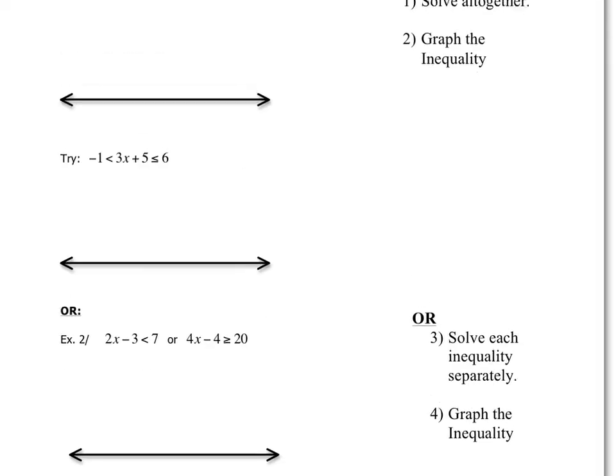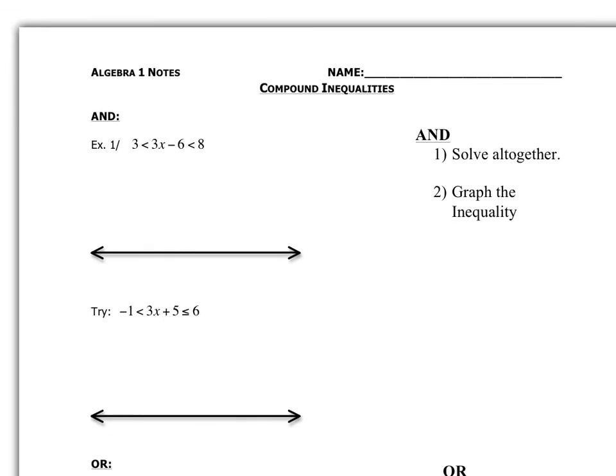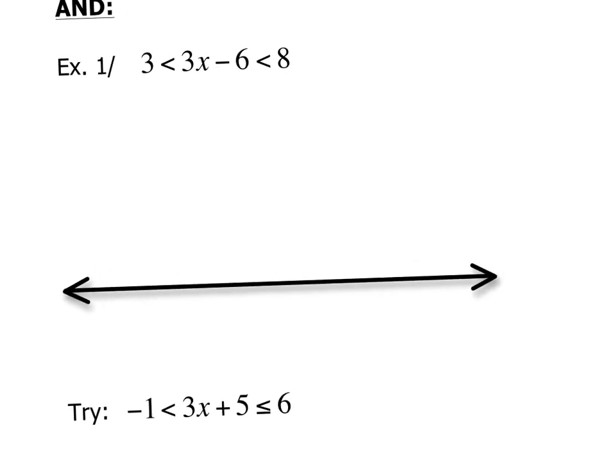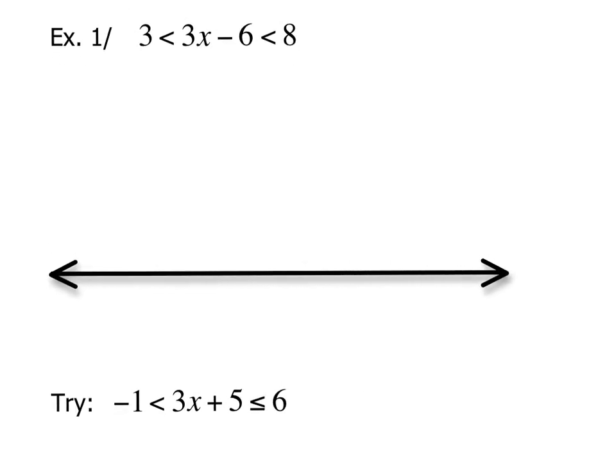Okay, so let's look at the "and," and I'll zoom in here and we'll look at example number 1. You solve these inequalities. It may look a little weird with two separate inequalities, but you solve them exactly the same.